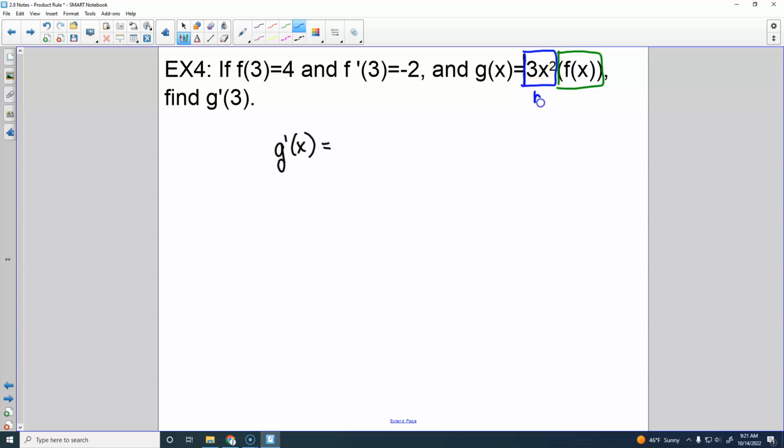I'm going to call this h, and we'll call this one f. So the product rule tells us that we need to do h times f prime.